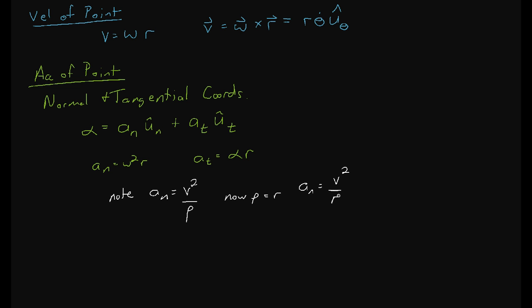So if you write a sub n is equal to v squared over r and use our equation from above, where v is equal to omega r, you can write omega r squared over r, which is just omega squared r squared over r, and so you end up with omega squared r. So you can see that they give you the same thing, so that does check out. Remember, this is not alpha, but just the acceleration of the point in general.